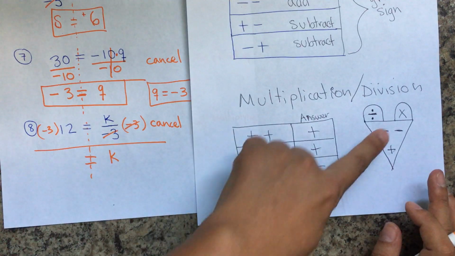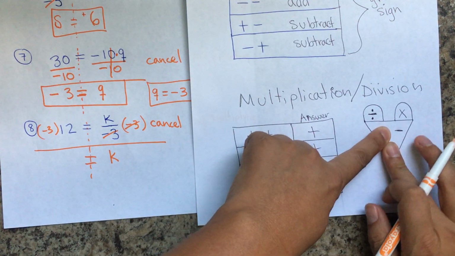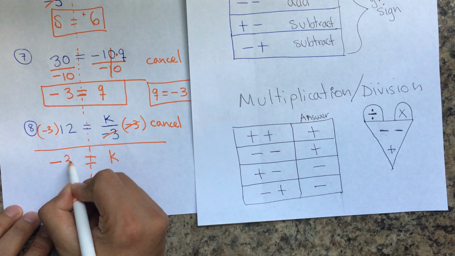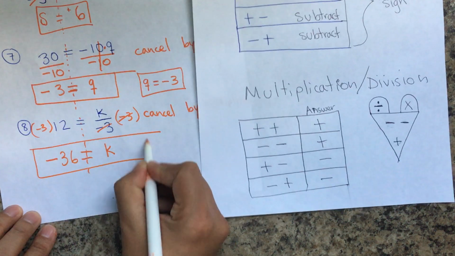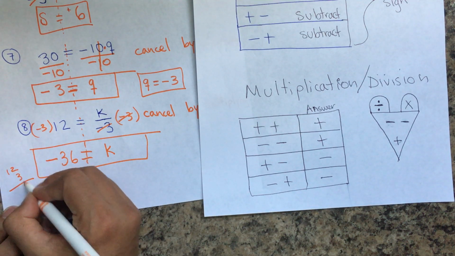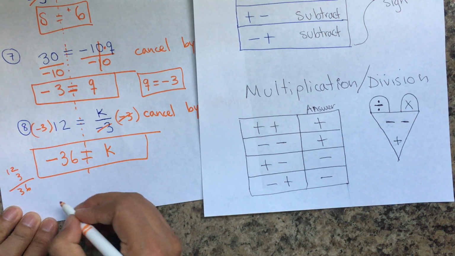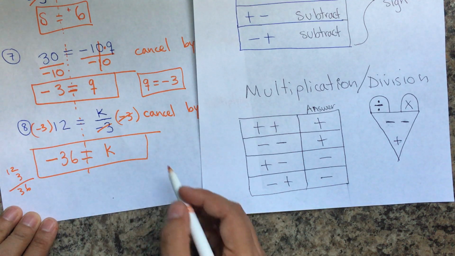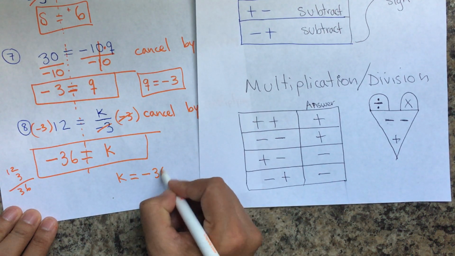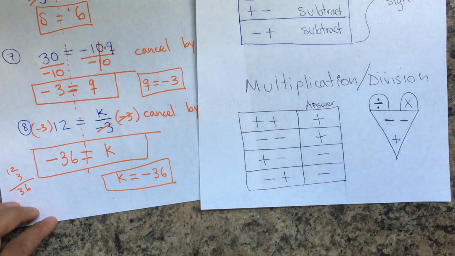Or negative times positive, the answer is negative. 3 times 12, 36. If you can't do it like that, you can just put 3 times 12. 3 times 2 is 6. 3 times 1 is 3. And then just work with the signs on the side. Okay, so K equals negative 36. And that's it. I hope you have fun.